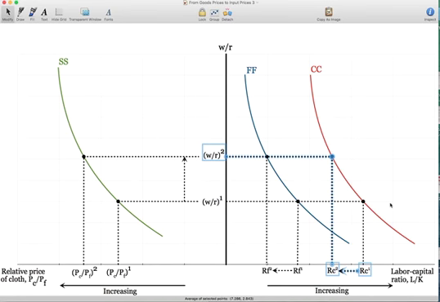As the wage rate gets bid up, firms will substitute away from the more expensive input, labor. So as wage rates increase relative to the cost of capital, labor becomes more expensive relative to capital, and firms will substitute away from labor and use more capital.